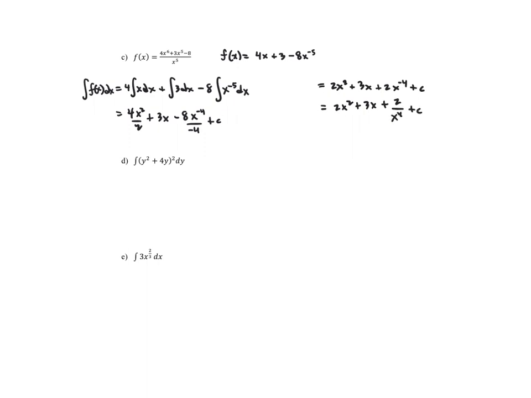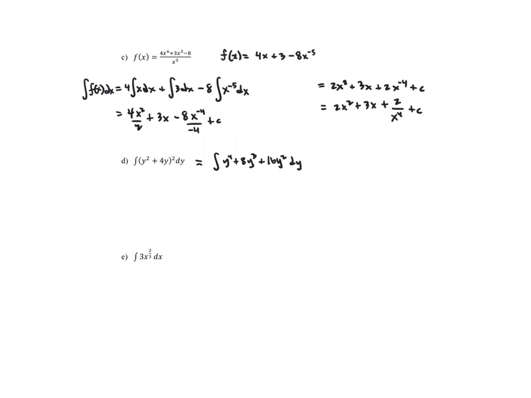All right, so let's move on to part D. In order to integrate part D, we're going to have to actually expand it. So let's expand this expression. This will be y to the 4th plus 8y cubed plus 16y squared.